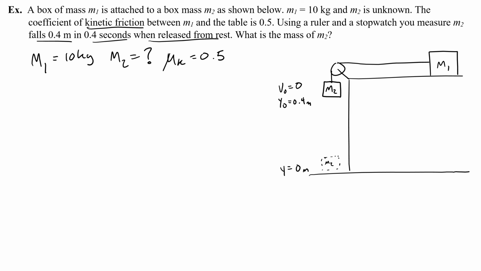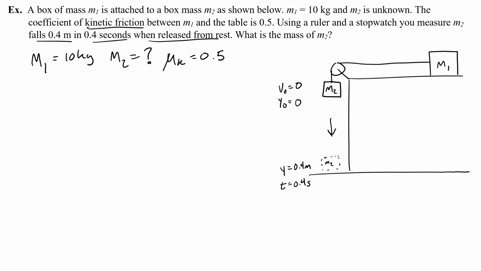Oh, you know what, though? This problem is going to be tricky because it falls down, and that's going to be the positive direction of acceleration. So let's decide the initial height is 0, and it ends not at negative 0.4, but at 0.4 meters, because down is going to be positive on this side. Okay. And the time that it gives me is 0.4 seconds.